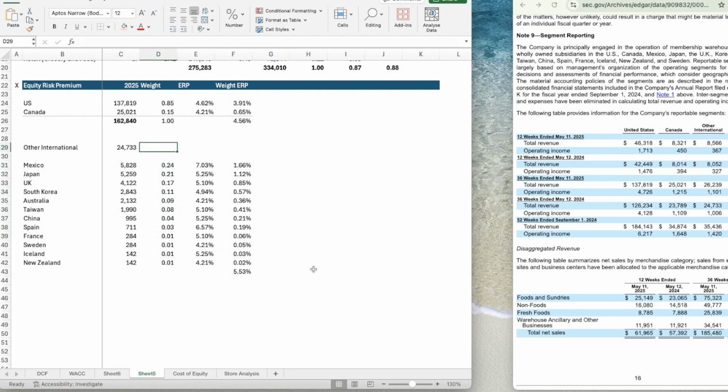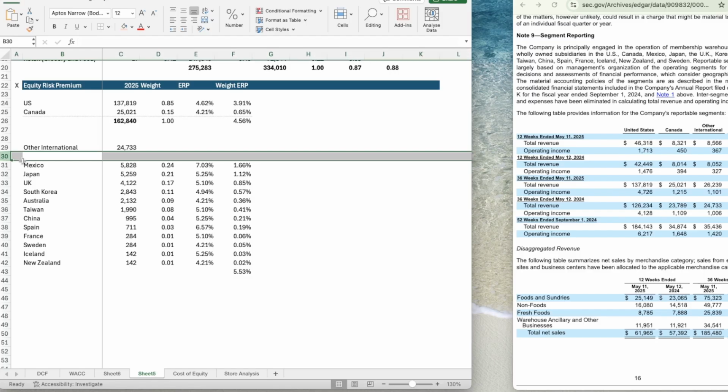So for other international, the weight of this, I think let's do it this way.